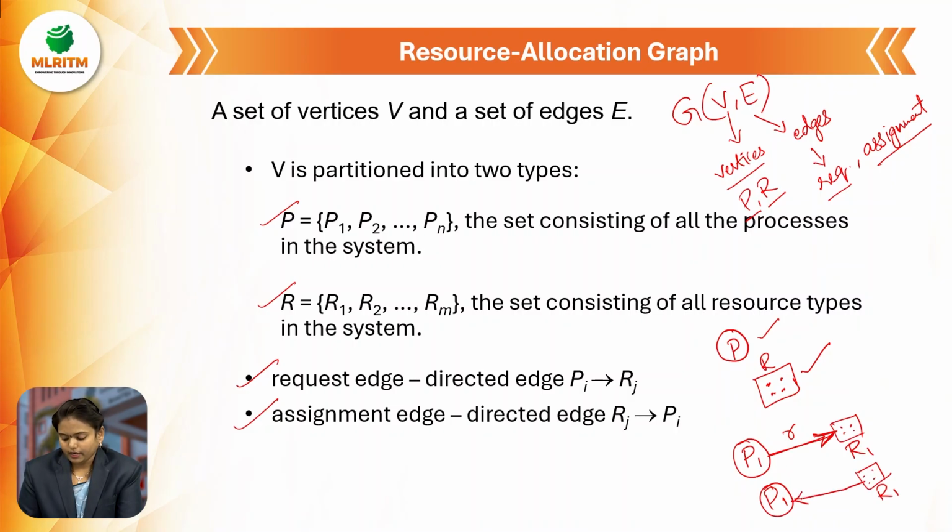And if the directed edge is like this, this is an assignment edge. An instance of R1 is assigned to process P1, meaning it is already held by that process. Those are the request edge and assignment edge.